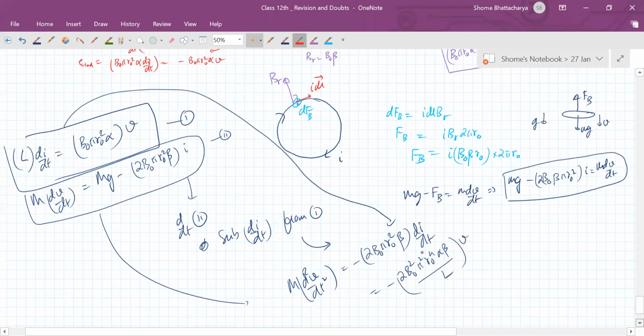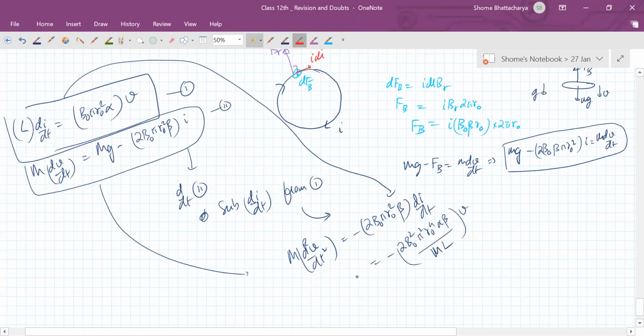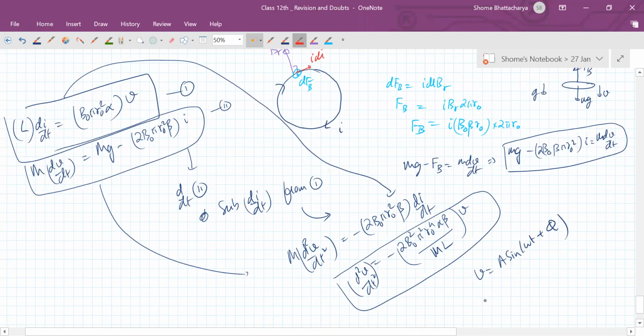Okay, so bring this m also on this side. So your d2v by dt square becomes like this. So your v will become a sine omega t plus phi, where omega is B naught pi r naught square into square root of 2 alpha beta by mL, something like this.